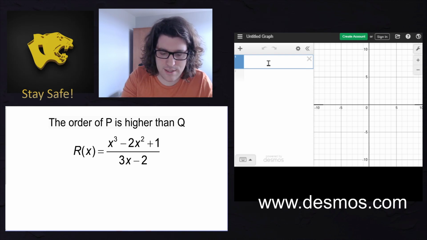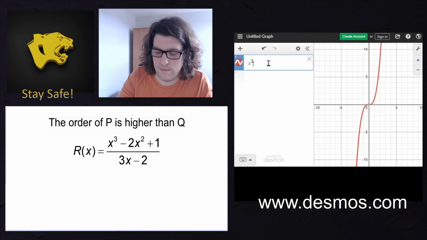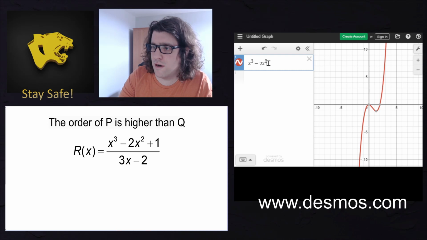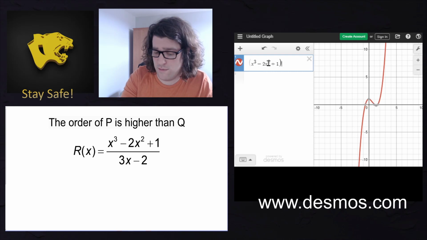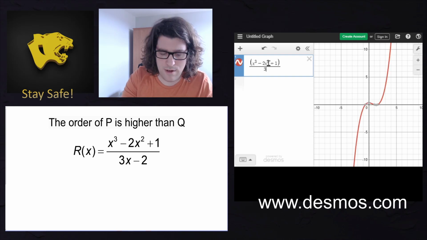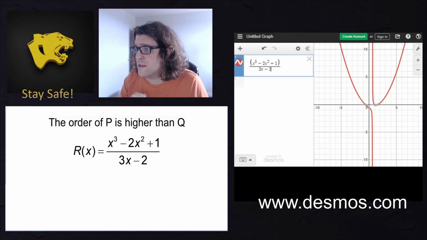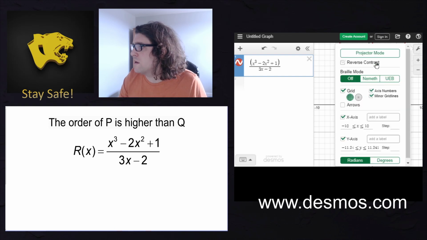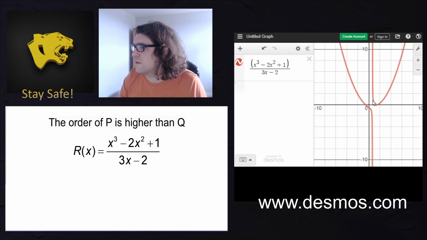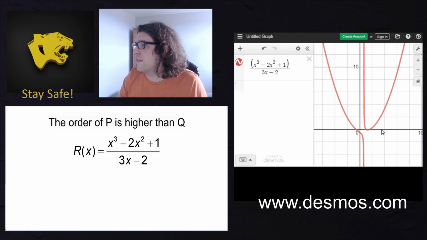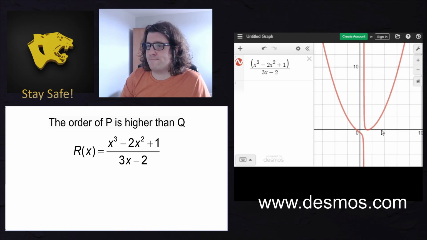So x cubed minus 2x squared plus 1 over 3x minus 2. All right, so what we see here, let me go to projector mode, is a little easier to see maybe. That's what we were looking at. Now, that's a really cool function, but what did we find out about it?